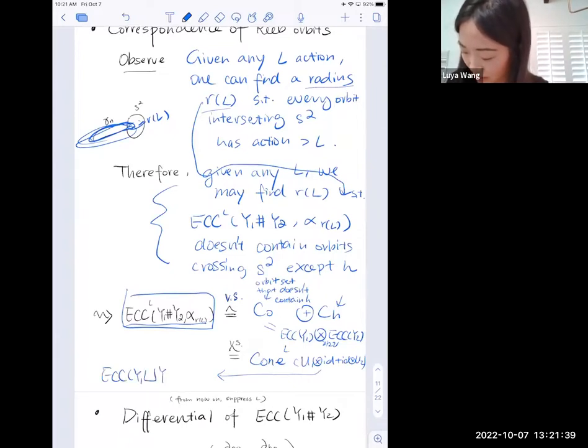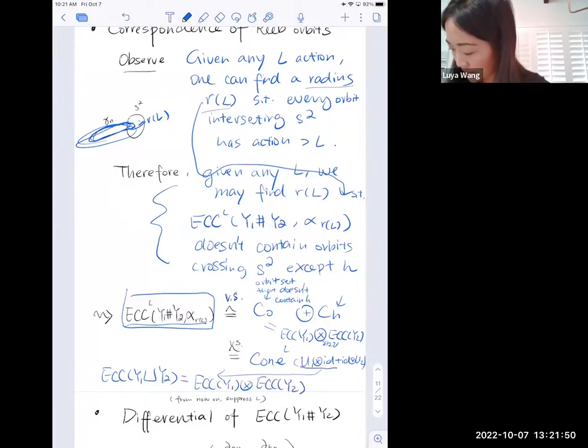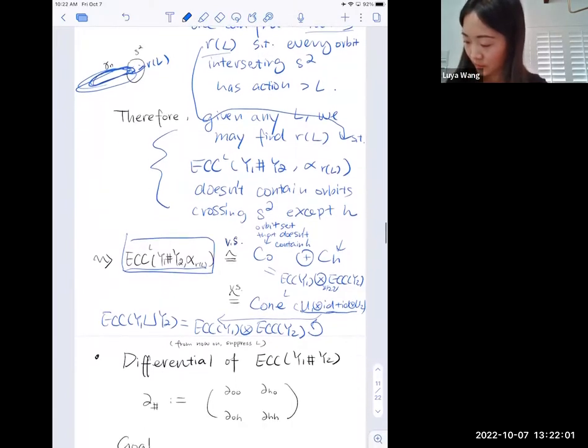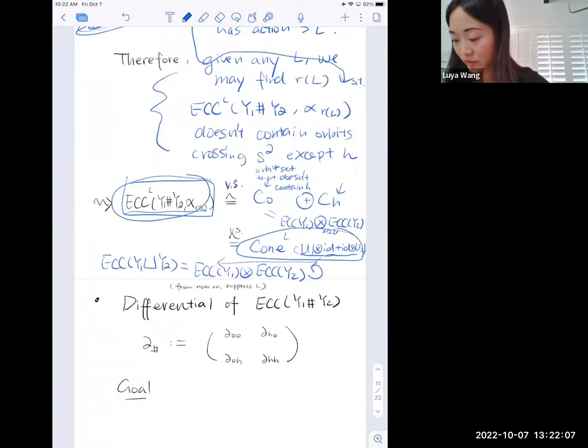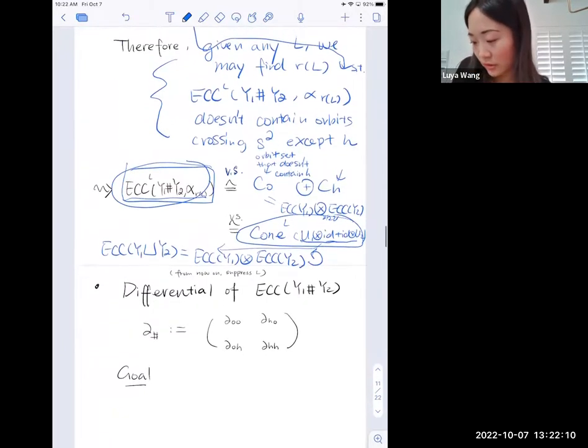You can think of it as the disjoint union of Y1 and Y2, which is the same as ECC(Y1) tensor ECC(Y2). So the map U1 tensor identity plus identity tensor U2 goes from this complex back to itself. On the vector space level, I identified these two complexes. Now I need to tell you what the differentials look like here.